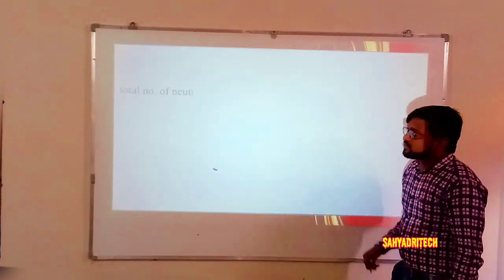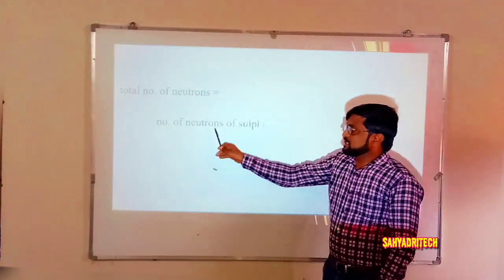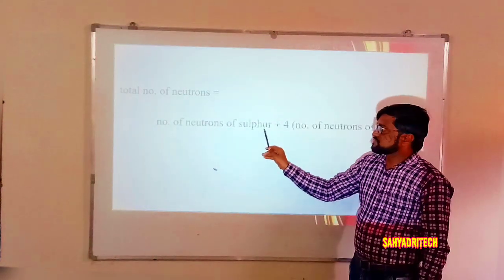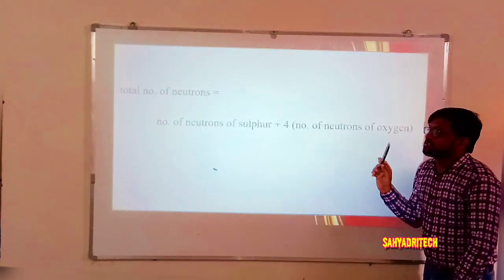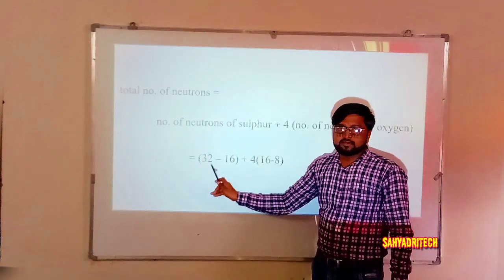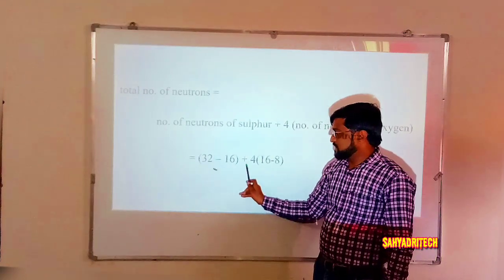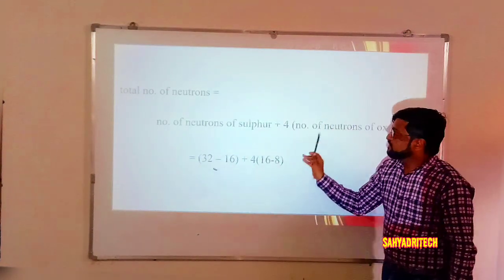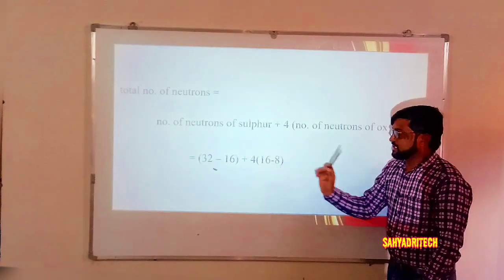Then if I consider the total number of neutrons, again there is no change. It is the number of neutrons of sulfur plus 4 into number of neutrons of oxygen. For sulfur, mass number 32, atomic number 16, so 32 minus 16, plus 4 into the bracket. For oxygen, mass number 16, atomic number 8, so 16 minus 8.